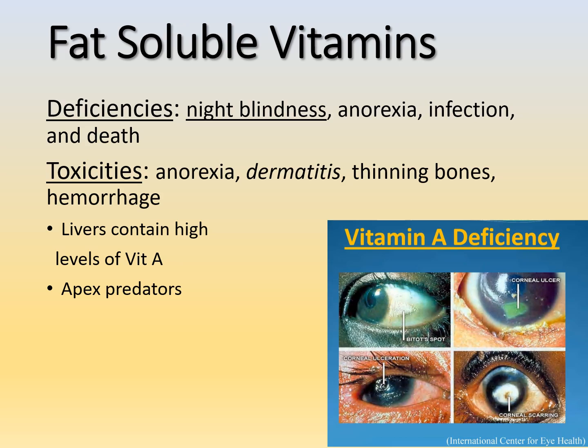These symptoms can be very general, so it can be hard to say it's that vitamin that's causing that symptom, right? There could be a slew of different causes. But essentially think liver, vitamin A, toxicity, animals that may be consuming lots of livers.